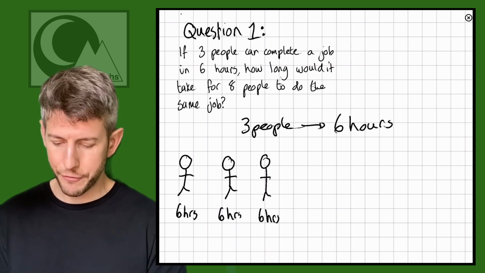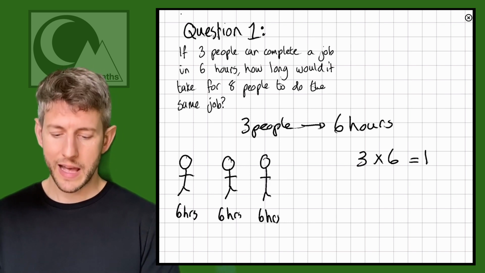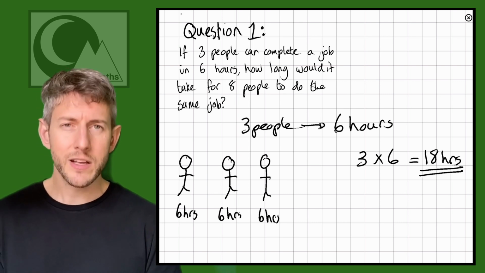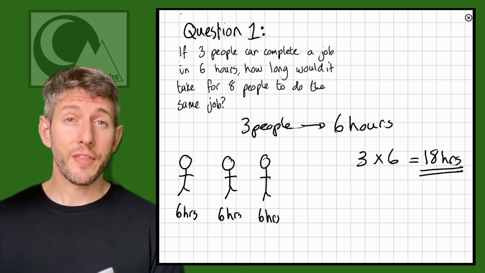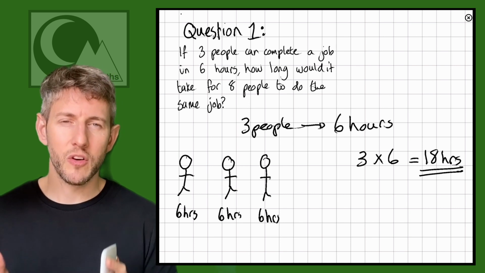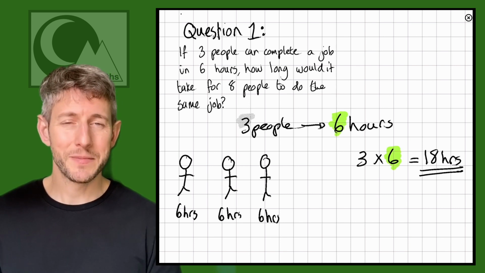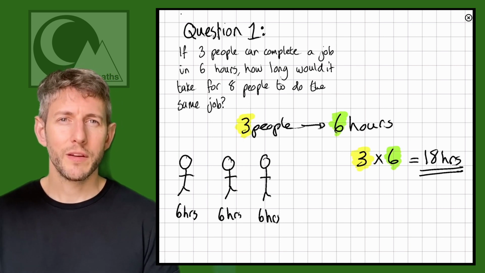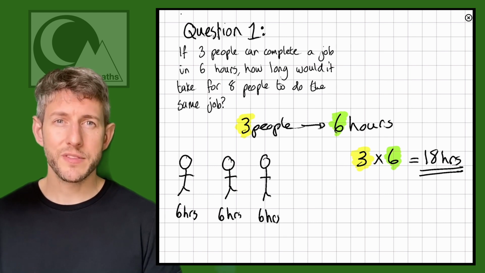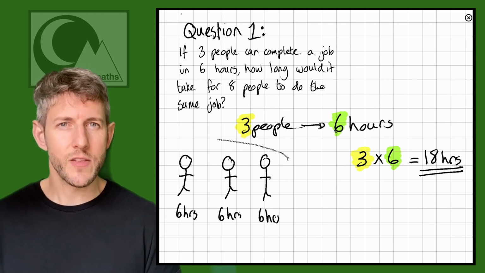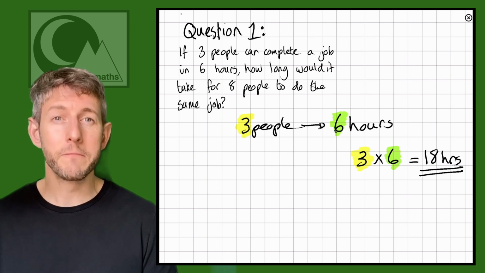So I can do 3 times 6, and that equals 18. So that tells me that there is 18 hours of work to be done. Okay, think about that. 3 people working for 6 hours, 3 times 6 is 18. So there's 18 hours of work to be done.